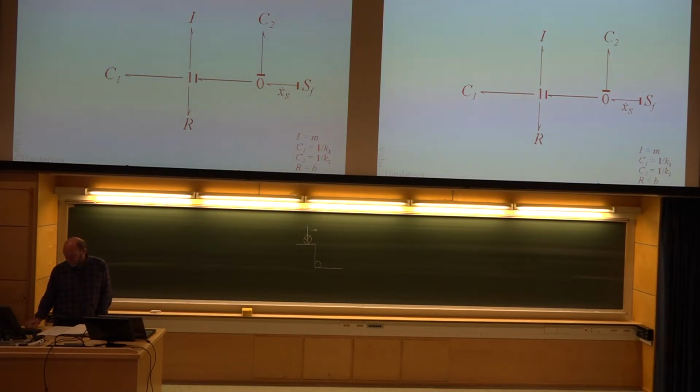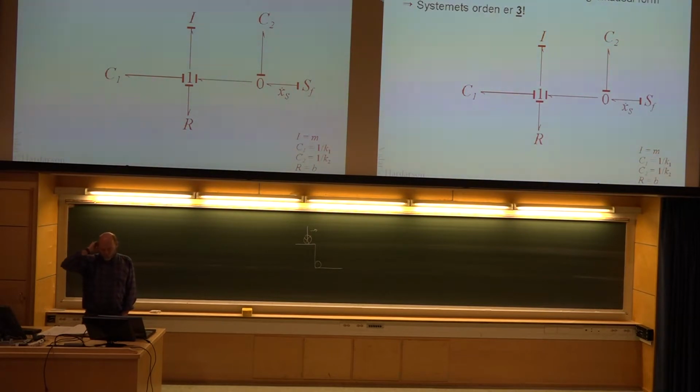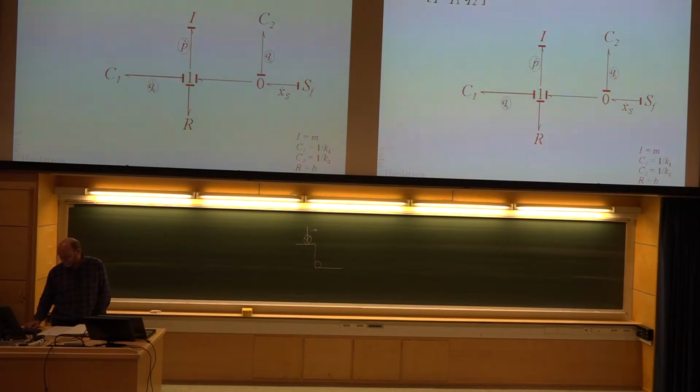Okay, then we have to choose again. So now I choose an I element. Aha, then you have found the 1 stroke away from that 1 junction. Then the 2 others are given. And then start to annotate the graph. Here you have 3 elements with integral causal form, so it's a 3rd order system.